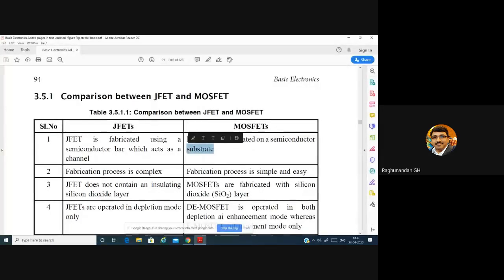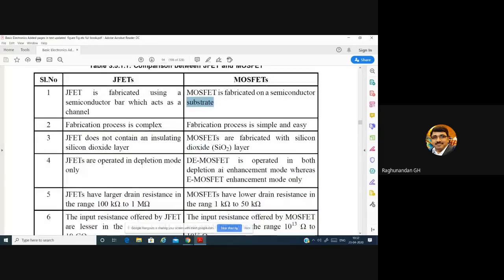So the fabrication process is complex in the JFET, but simple here in the MOSFET. The fabrication process in the JFET is complex because we have to take a semiconductor bar and embed two P types on either side. After taking that, we have to diffuse it and make it P type. That is a bit complex process.